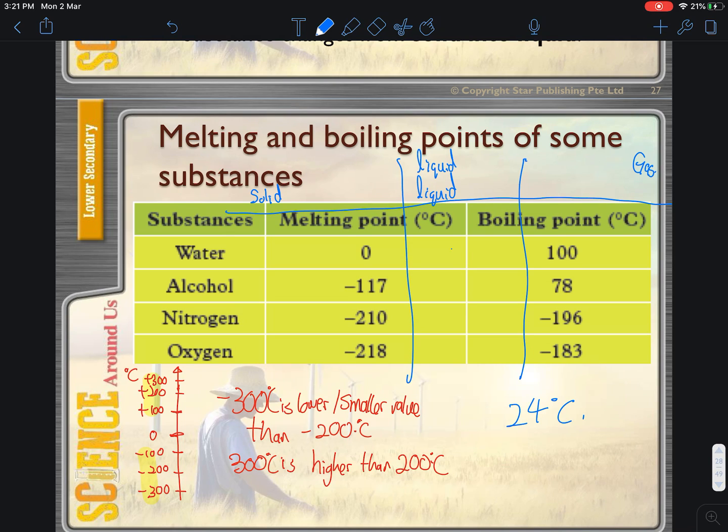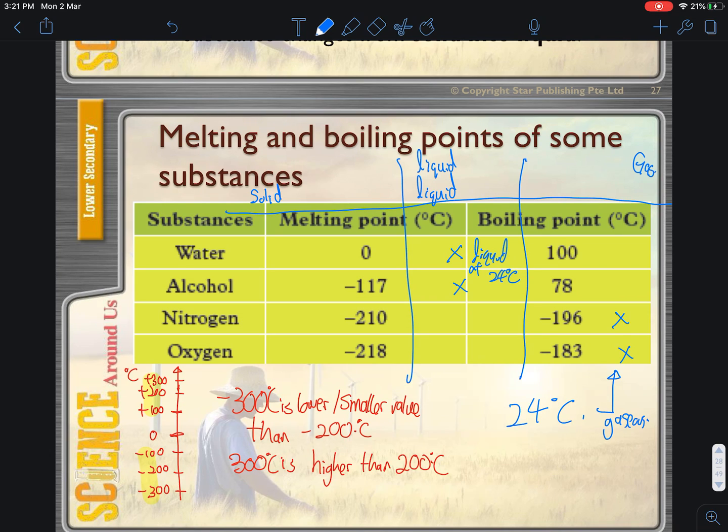In this case, it is in the middle, so you just put an X. For alcohol, in terms of minus 117 to 78, 24 degrees Celsius is also in the middle. You can see that there's a change for nitrogen as well as oxygen. This means that water is in a liquid state at 24 degrees Celsius, and this is similar for alcohol. For nitrogen and oxygen, they are actually in the gaseous state.